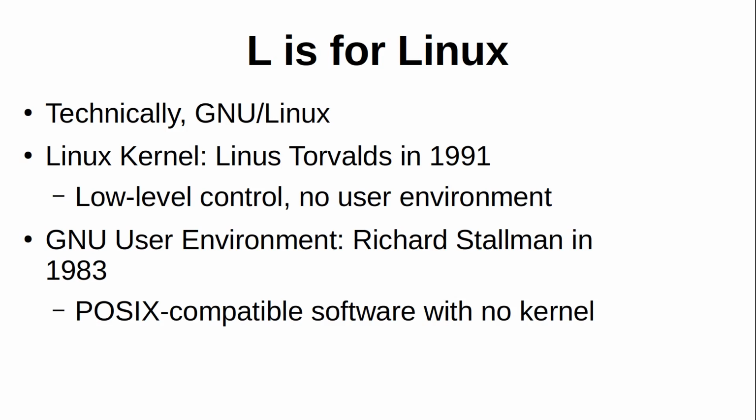And GNU is a recursive acronym. It stands for GNU's not Unix. Sorry, it's not Linux either, but it's part of Linux. So GNU's not Unix, because Unix, of course, is the basis of all of this.